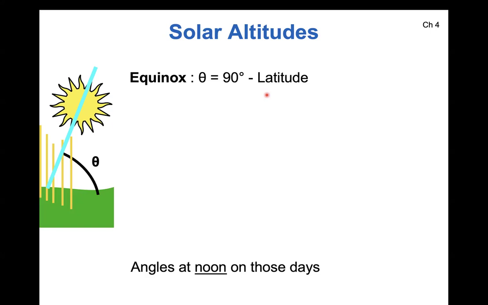So what we're focused on are just these straight line special days where we're not worrying about the elliptical orbit. We're just considering special cases. And they apply to noon because obviously the sun takes different altitudes at different points. So whenever we talk about the sun's altitude, we're talking either about its maximum altitude or specifically its altitude at noon.